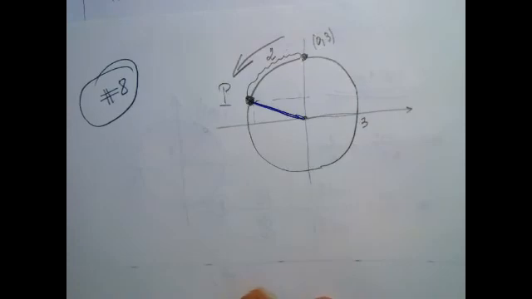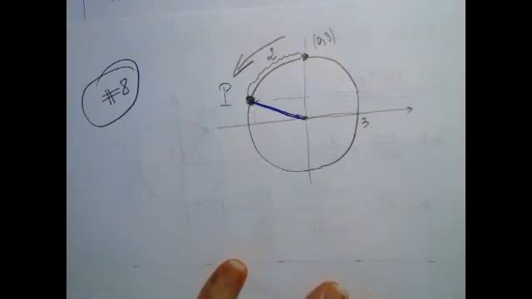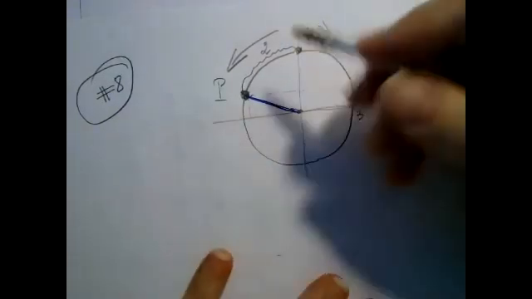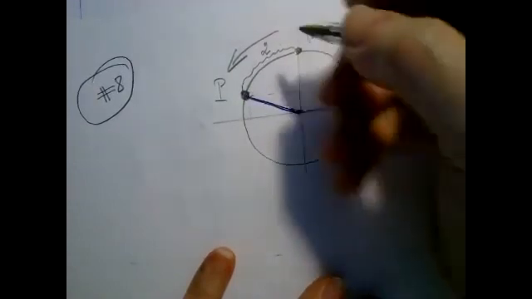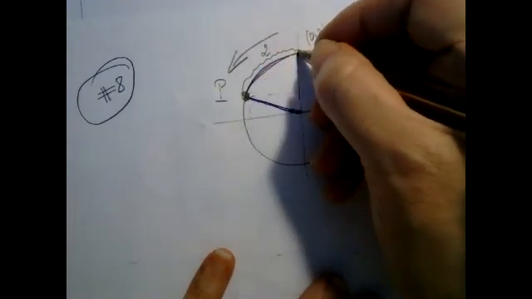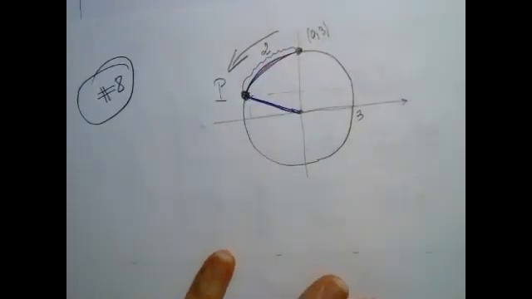Anybody has any hints? Any ideas? I want the coordinate of this point. The ant starts here, moves 2 units, it stops. I don't know where this point is.